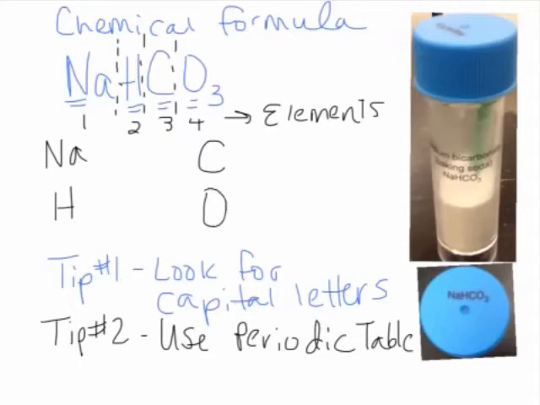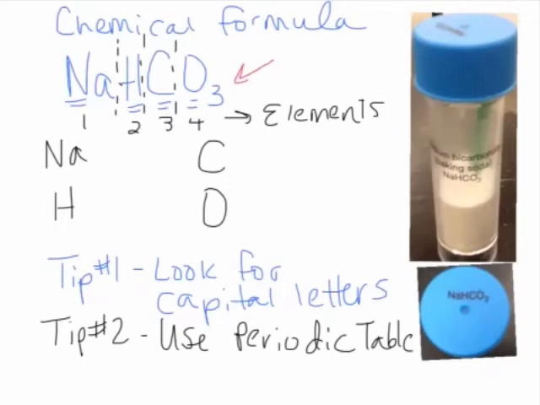Now there's one more thing that we can learn here, and that relates to if there are any numbers in our setup. So what I'm looking for is numbers as I'm looking through the chemical formula. As you can see over here, there's only one number, and that is the number 3. And that number 3 is behind the O. And so that is going to give me a very big clue, because what we just talked about is that each of these elements, sodium, hydrogen, carbon, and oxygen, make up sodium bicarbonate.